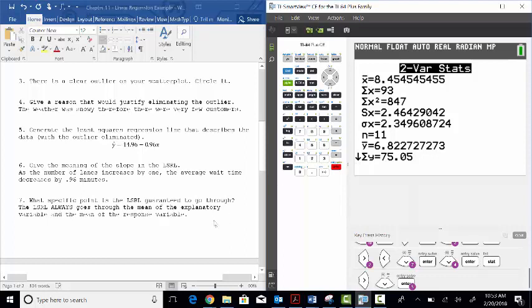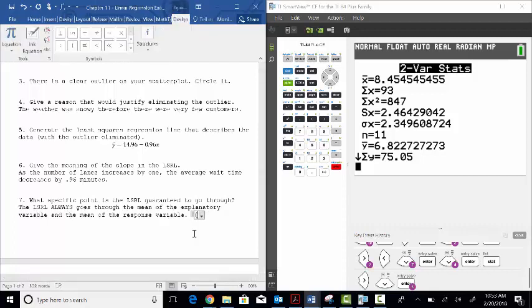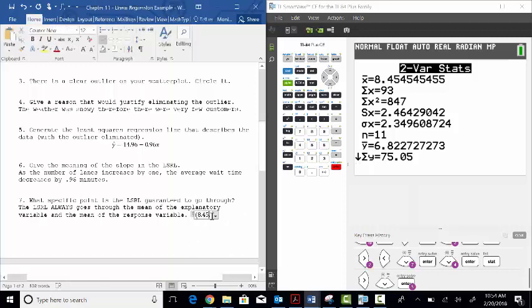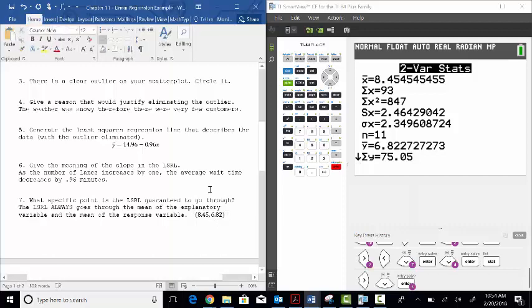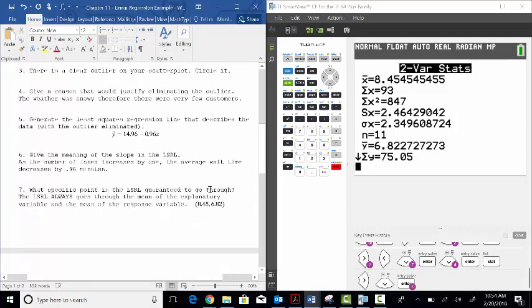So the mean for the X's, or your explanatory variable, is going to be 8.45. So let's say 8.45, comma, and then the mean of our Y value is 6.82. And that's given right here, 6.82. So our line is guaranteed to go through that point.